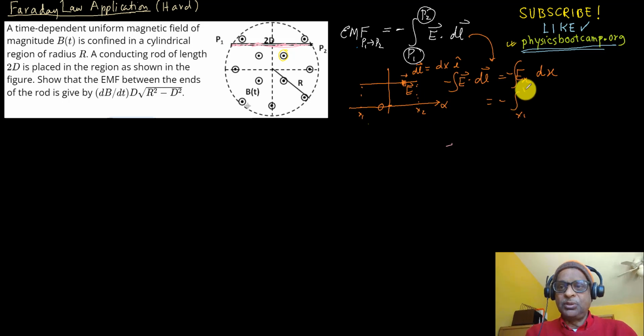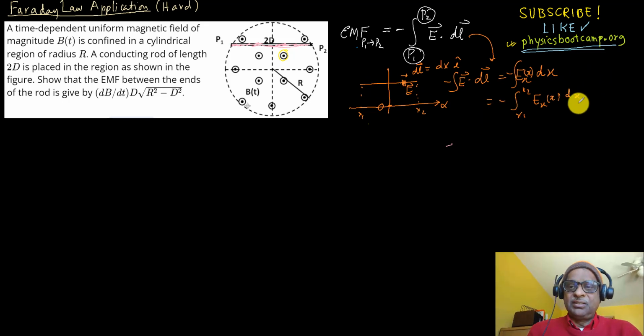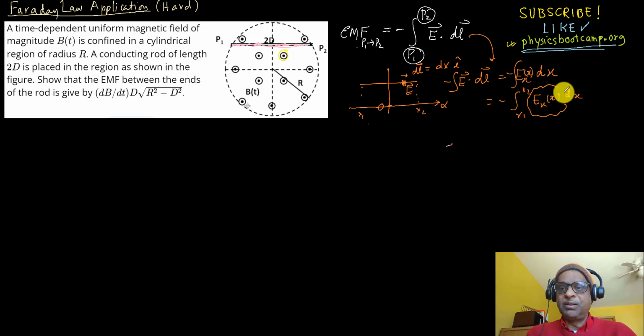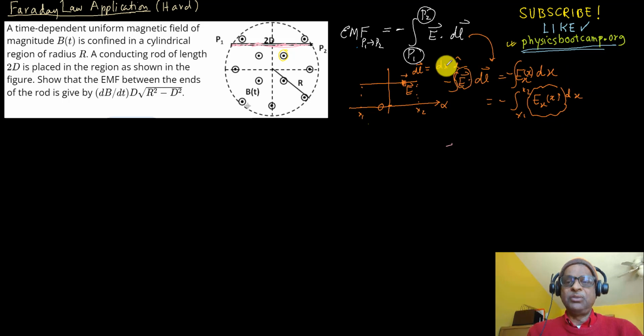So minus the integral from x1 to x2 of E_x, which is a function of x maybe as you go along, dx. So we have to do this integral, and we need to figure out what the electric field looks like at all these points.